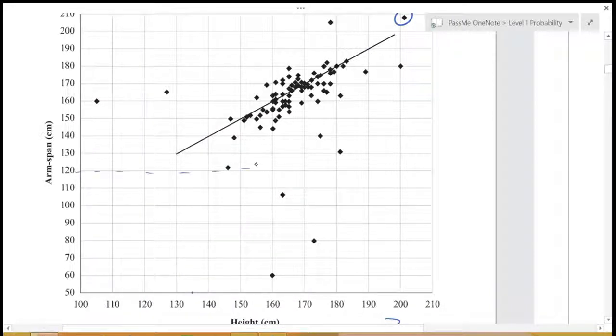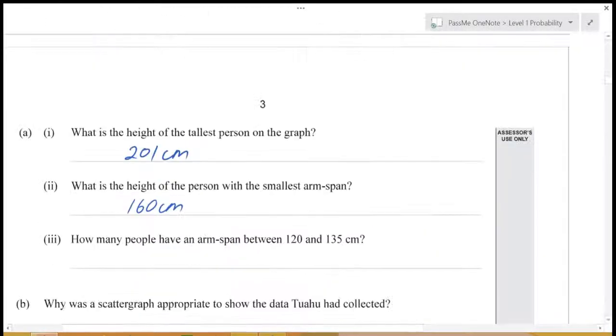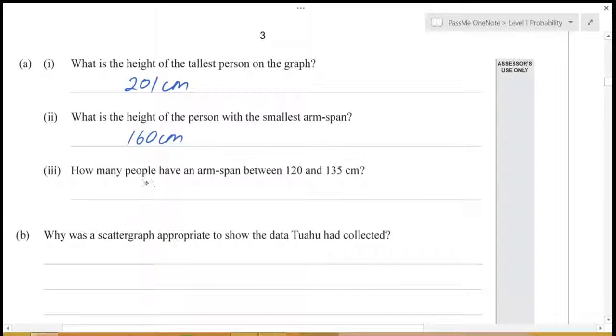There we go, 120 and 135. I've got two people with an arm span between that length, and so we can just write 2 for that there. Okay, so we can rip through that pretty quickly, and these questions here are really just achieve level questions, and not a lot more that we can do to them other than that.